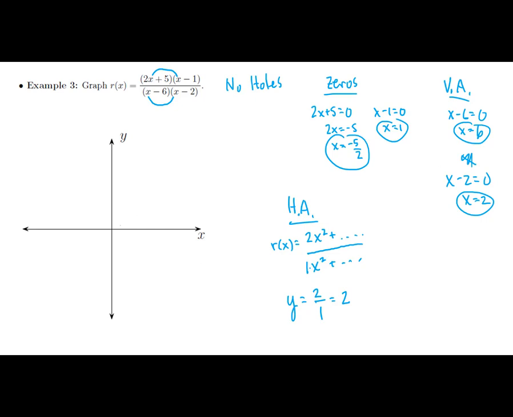So my last vertical asymptote is at 6, so I need to fit more than 6 tick marks in here. So here we are, here's 6, so I'm going to put my vertical asymptote right there. And then I also have a vertical asymptote at 2, and our horizontal asymptote at y equals 2.